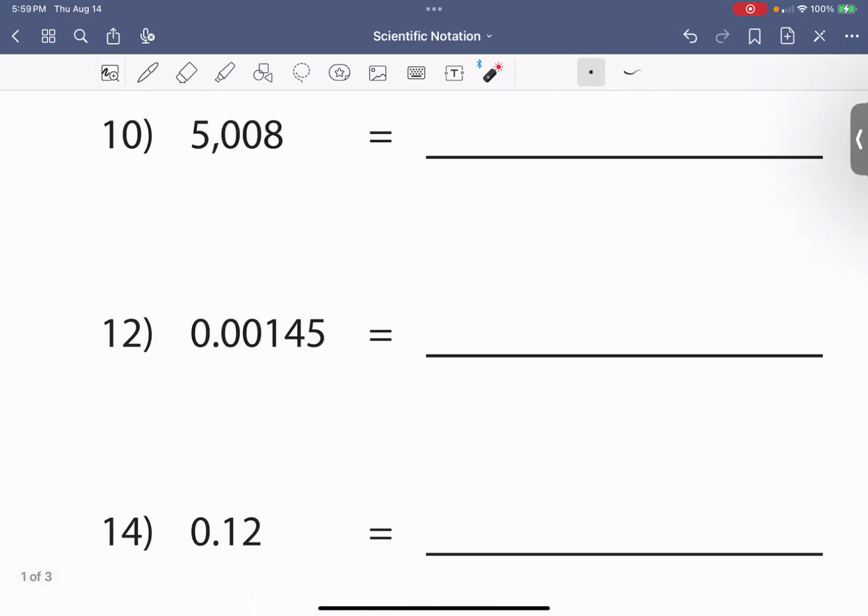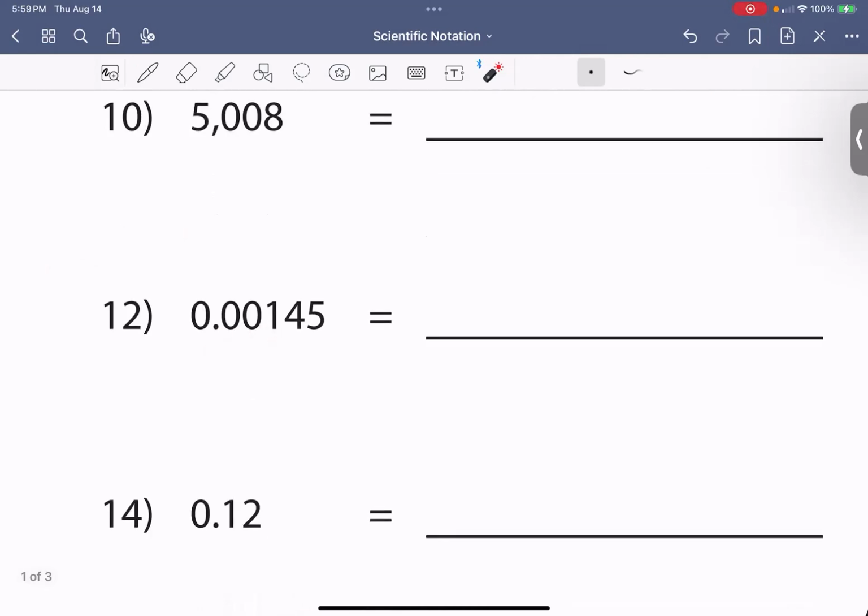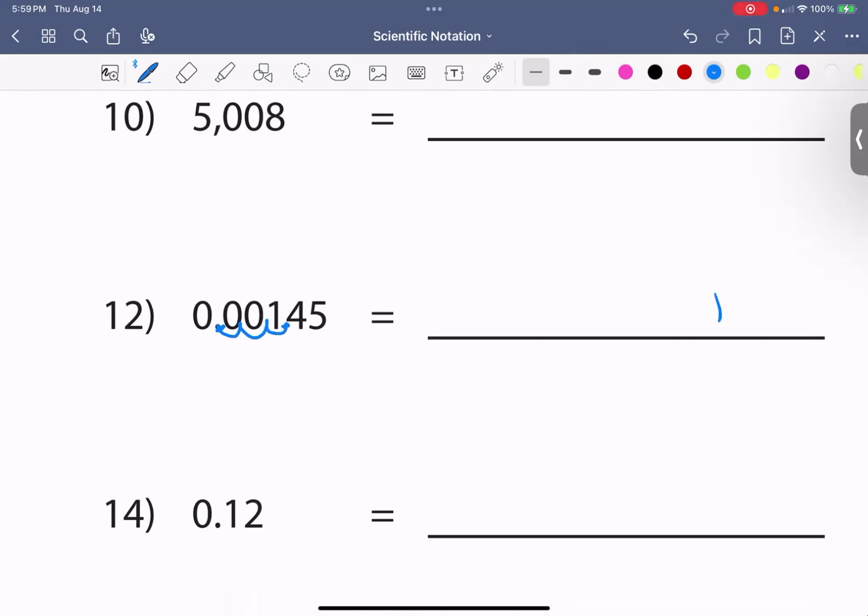Like this one, this one has more zeros. So we're going to start at the last whole number. 1, 2, 3. So we moved 3 places. The exponent is going to be negative 3.